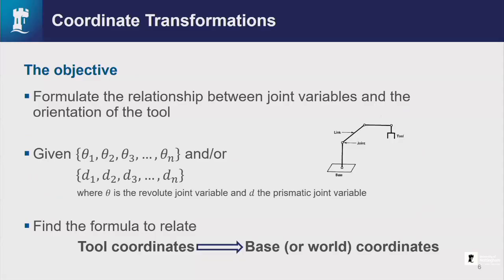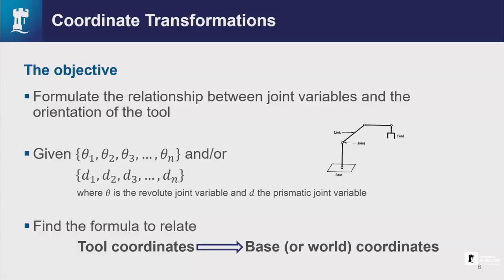So the object of our mathematical approach is to analyze the robot and form a relationship between these joint variables, theta, which is the angle of rotation, and D, which is the amount of retraction or extension, and the position and orientation of the tool in space. But as I've said, what we're really focusing on is positioning of the tool tip in space, not the orientation.